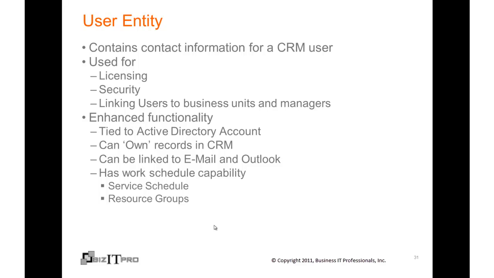They also can be linked to the email server and Outlook, and it also supports work schedule capability for the service schedule and also to participate in resource groups. So these are all unique functionality that would cause you to think carefully about retasking the user entity. This is probably the least likely entity to repurpose.